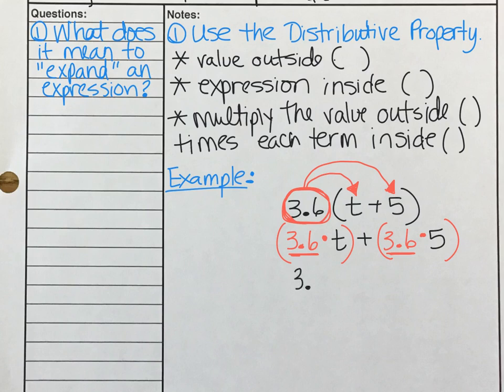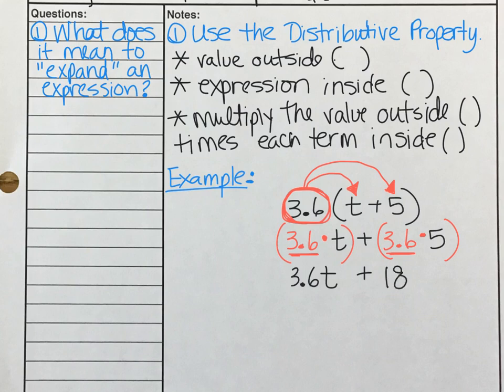So instead of 3 6/10 times t, we write 3 6/10 t. So we're just going to get rid of that multiplication sign. In the next part, though, we can do the multiplication. So we can actually multiply the 3 6/10 times 5 to get the product 18.